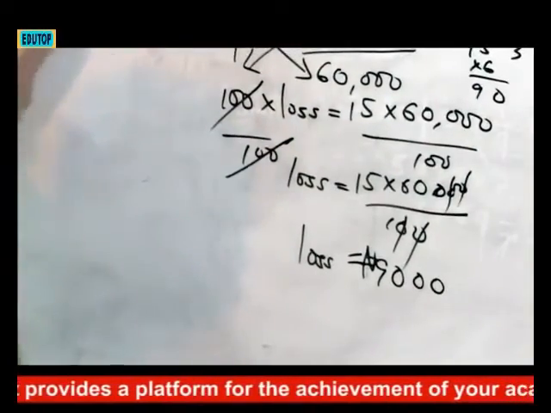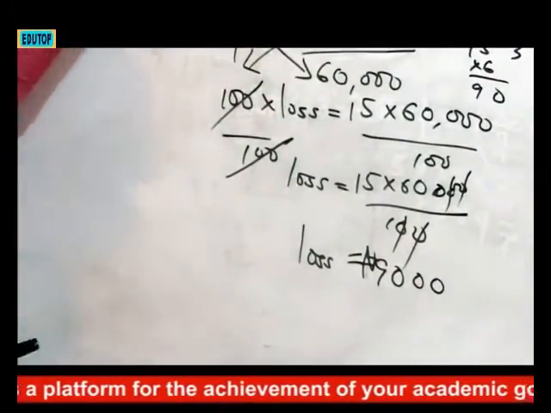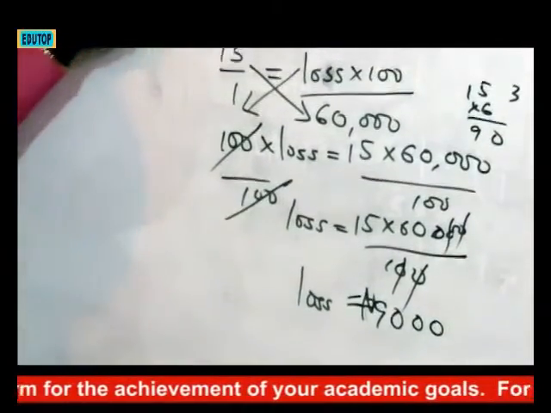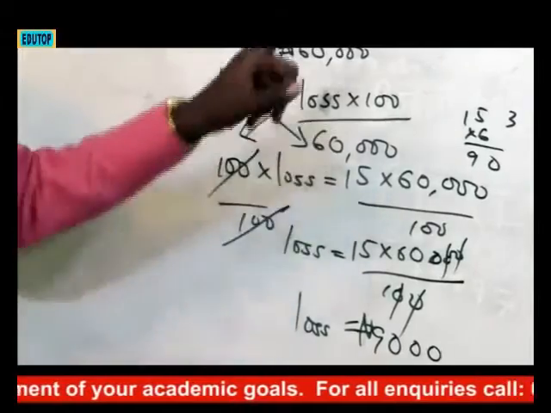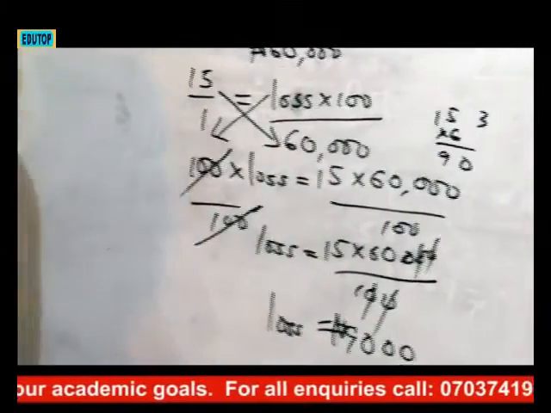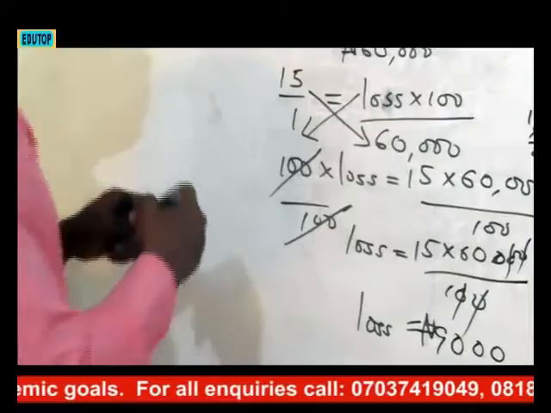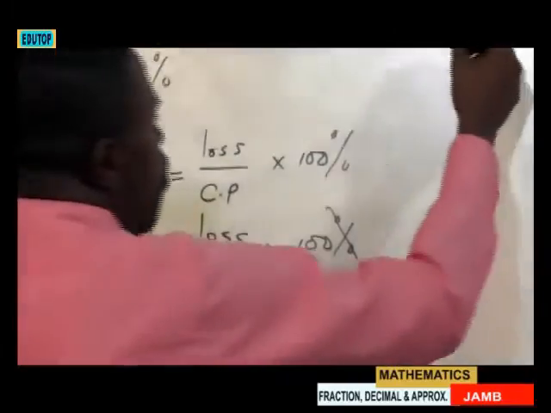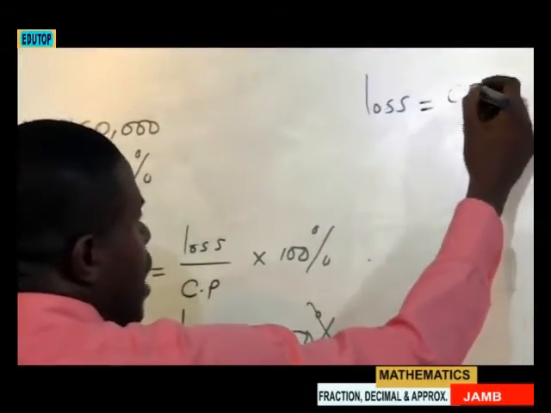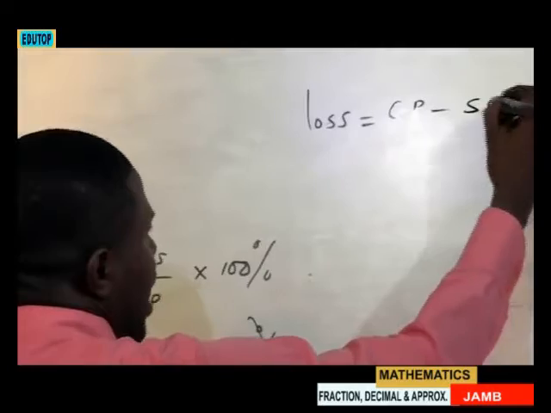Now, in this business transaction, it is evident that before loss can be recorded, the selling price is greater than the cost price. So I am to write that loss can only be recorded when the selling price is greater than the cost price.